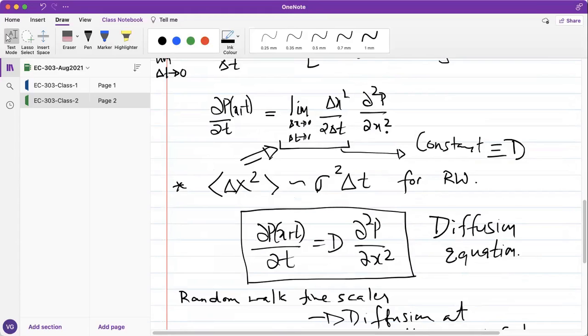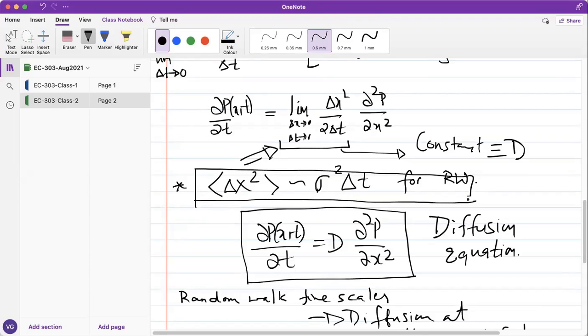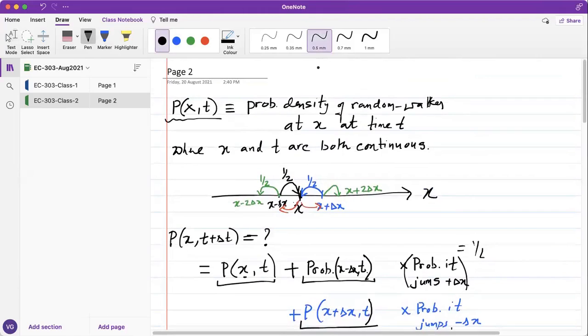Is that right? So that's something we know. For example, if I were to look at the mean square displacement that has happened over a delta t time step, this is always true, right? In a random walk. Yeah, we just derived it. True, right?